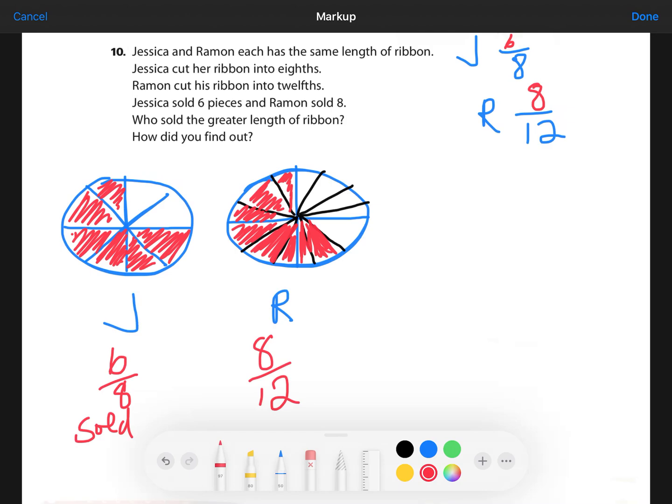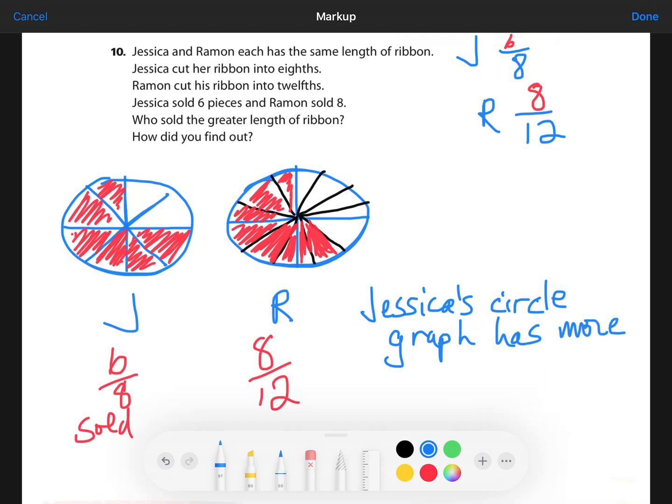8. If I were to imagine putting Jessica's circle graph over top of Ramon's, I would notice that Ramon's is missing this much that Jessica has over here. So visually we can compare them, and we can say that Jessica's circle graph has more shaded.